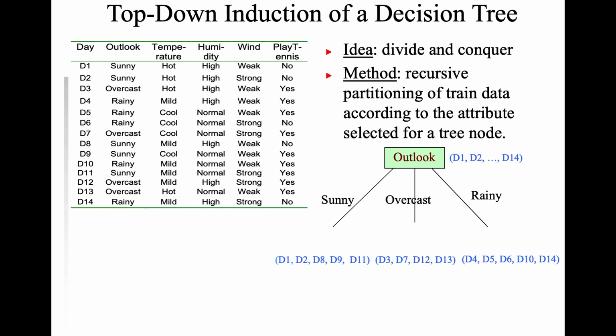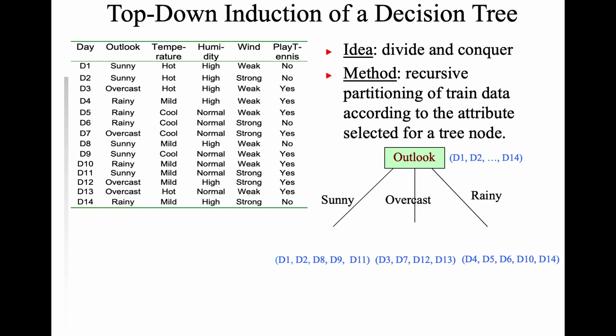So, back to our example of predicting whether a day is suitable to play tennis or not. You all have that example. We started from outlook as a feature.